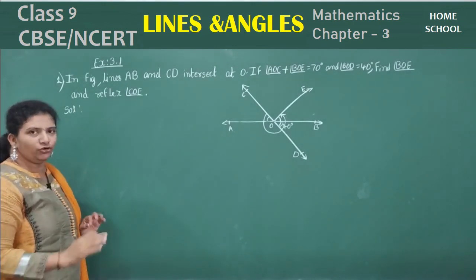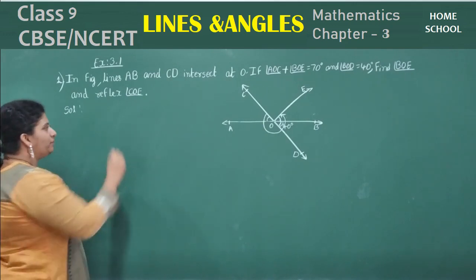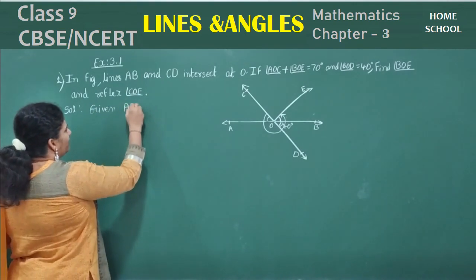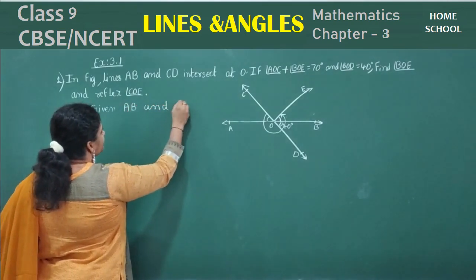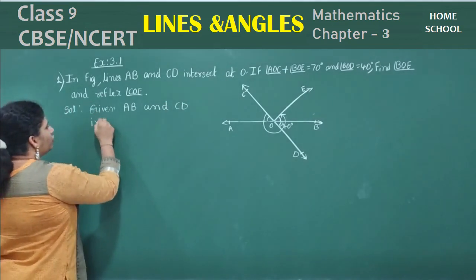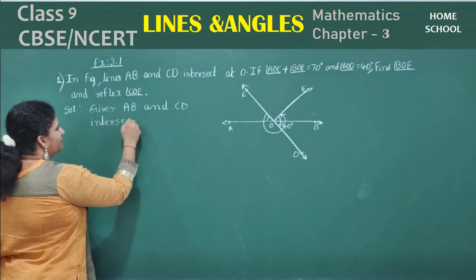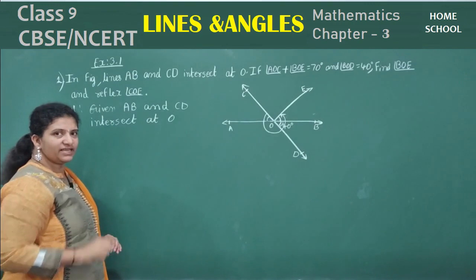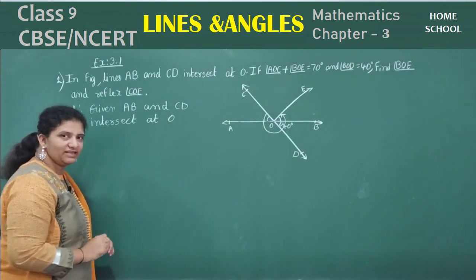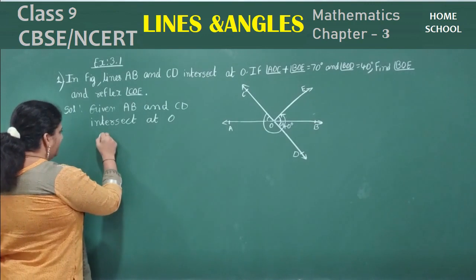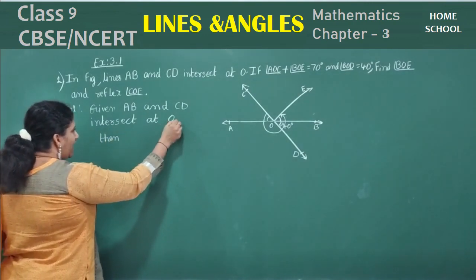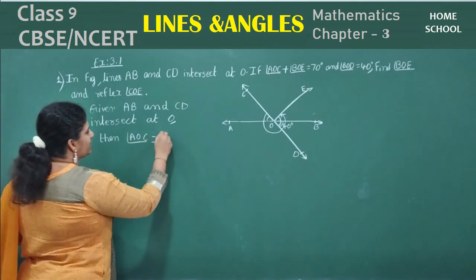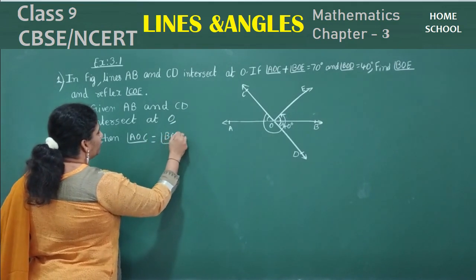AB and CD are two lines intersecting at O. So let me write here: given AB and CD are the two lines which intersect at O. If the two lines intersect at O, then their vertically opposite angles are equal. Then what can you say? If they are intersecting at O, then angle AOC is equal to angle BOD.